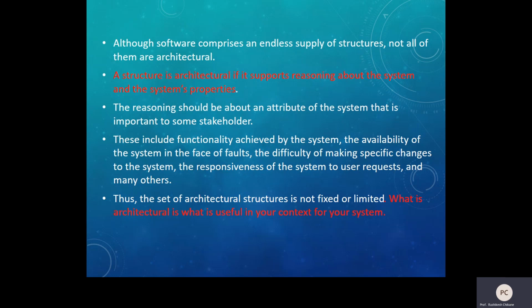So a set of architecture structures is not fixed or limited. In the same example which we had previously, the building example, if your building has 1 BHK flats, 2 BHK flats and 3 BHK flats, here we cannot say that a simple structure is an architecture structure.